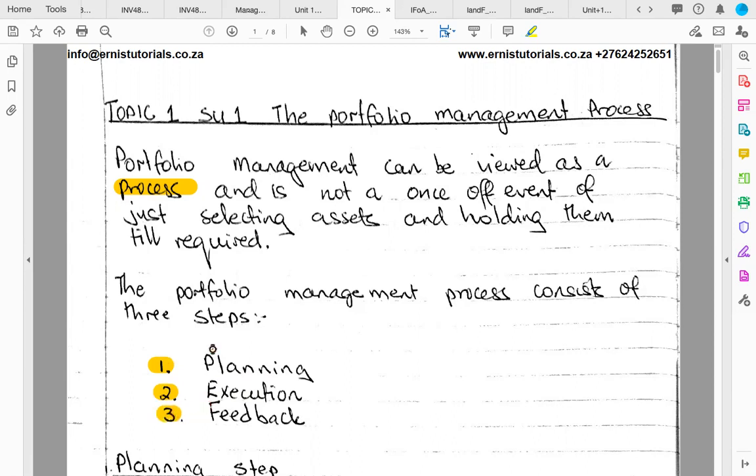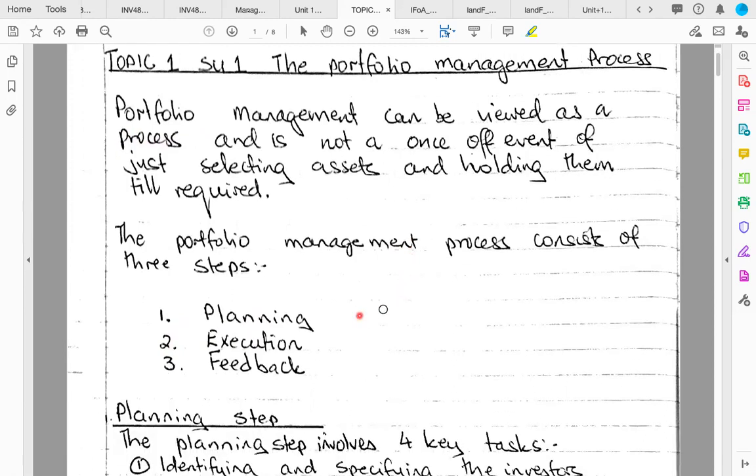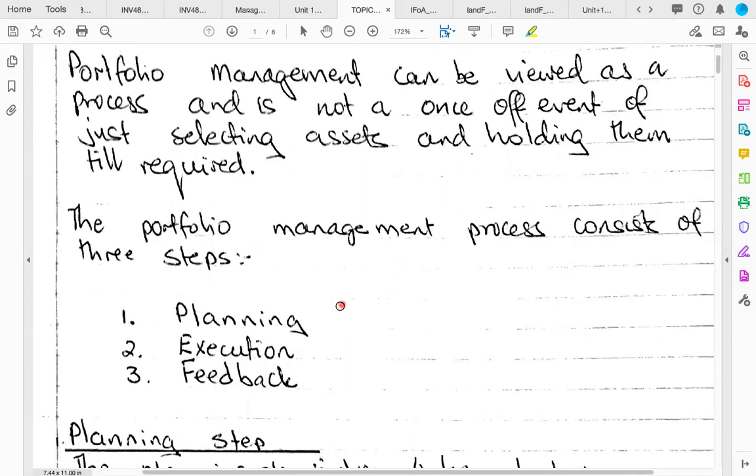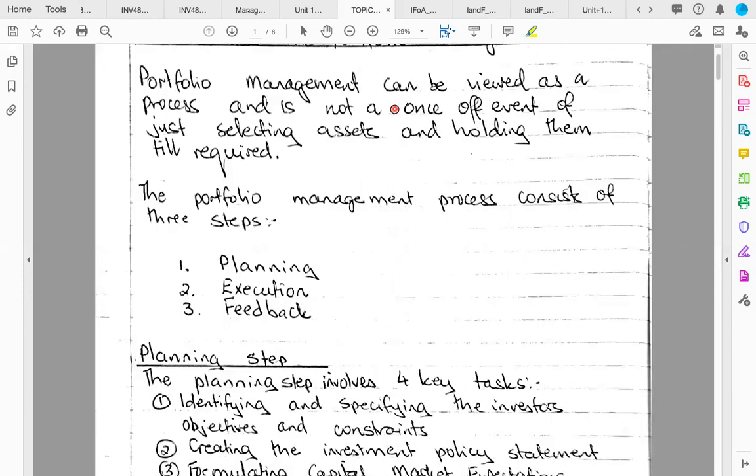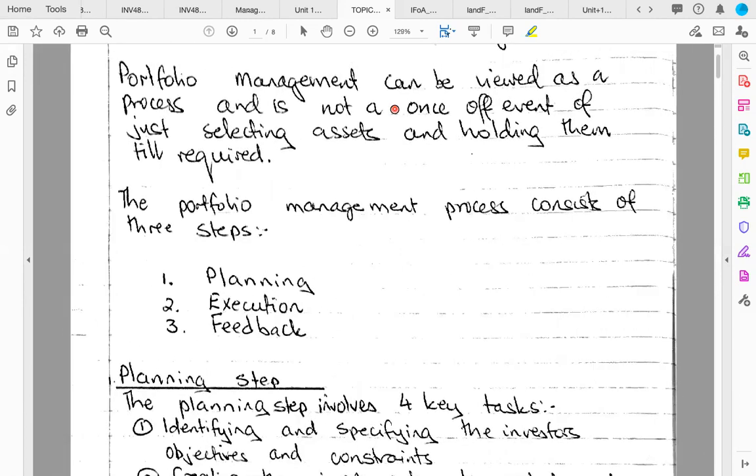Okay, so when we talk about the portfolio management process, when we talk about managing a portfolio of assets, please remember that there are 3 steps involved. The first step involves planning. You always need to start planning as an investor. If you hold a portfolio of assets, the first and most important thing you need to do with regards to your portfolio is to plan.